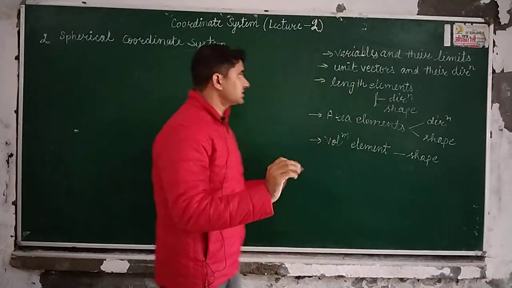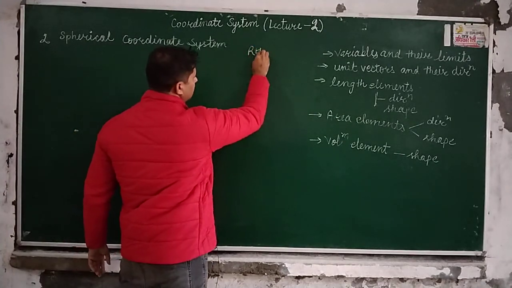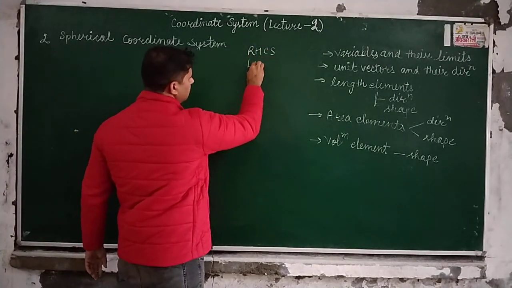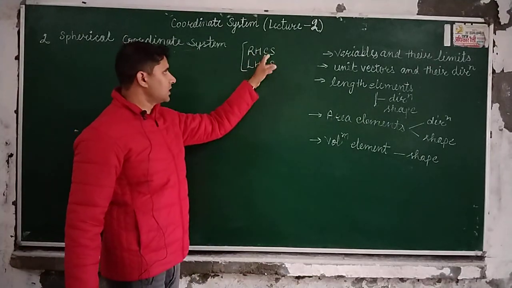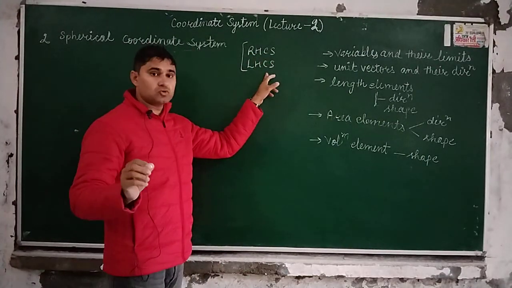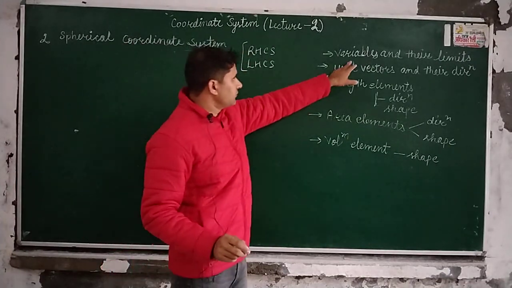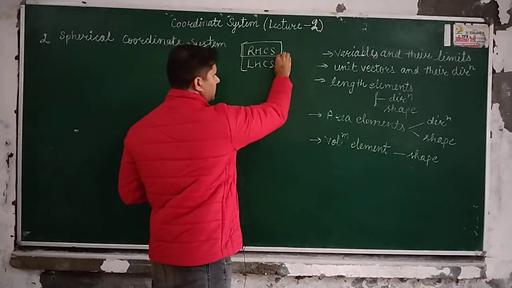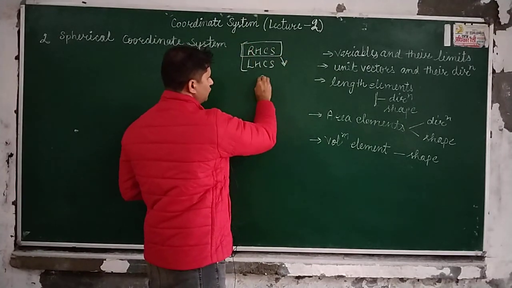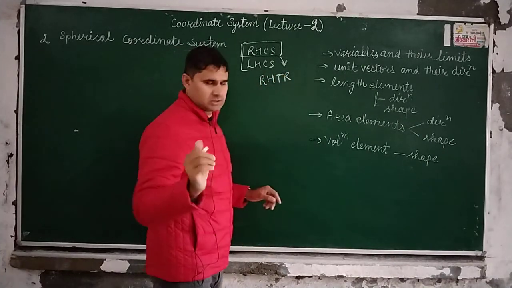In the previous lecture I told you what the right-handed coordinate system and left-handed coordinate system are. If you don't have an idea about these, please go to the first lecture first. Now we will discuss the right-handed coordinate system, in which we make use of the right-hand thumb rule to find the direction of various vectors.